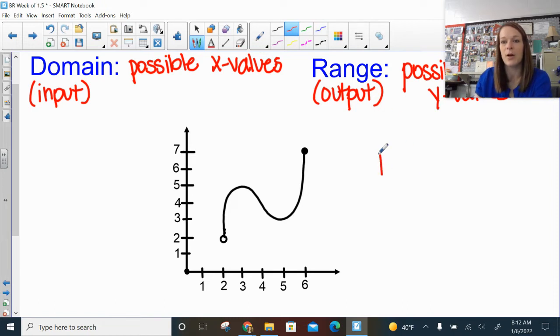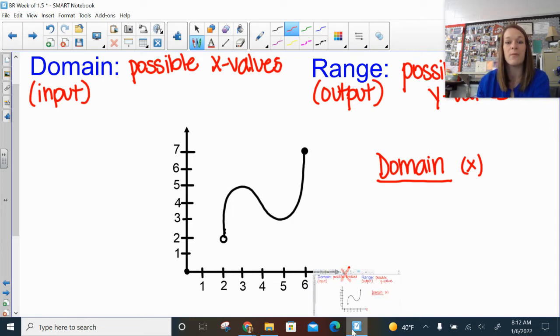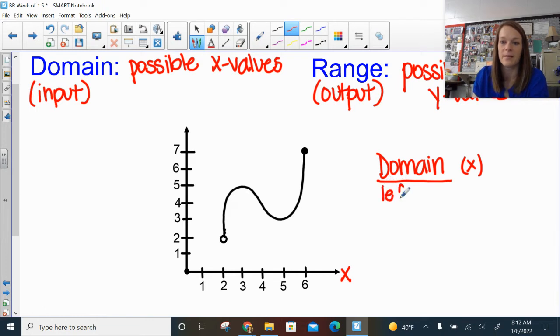So I'm going to start with my domain here, okay? So remember, domain, I'm looking at my x values. So down here across the bottom, that is my x axis. And basically, I want to know, where does my graph start and end going left to right? Okay, so this is where you're looking left to right.